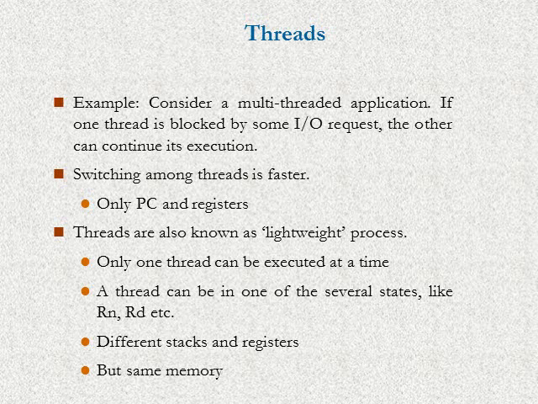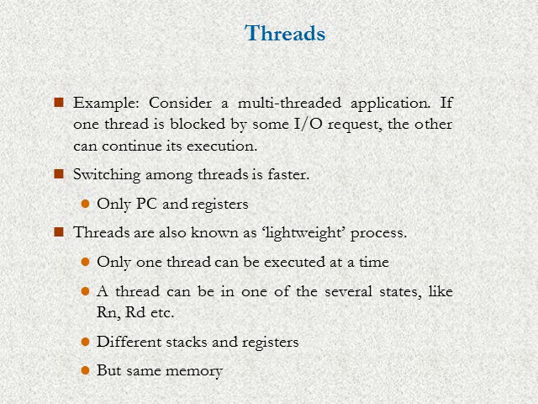So if that thread is blocked for the IO request or IO operation, the others can continue their execution, which means that the process will still be in the execution state or the running state while it is also waiting for some IO. So it improves the overall efficiency of a process.